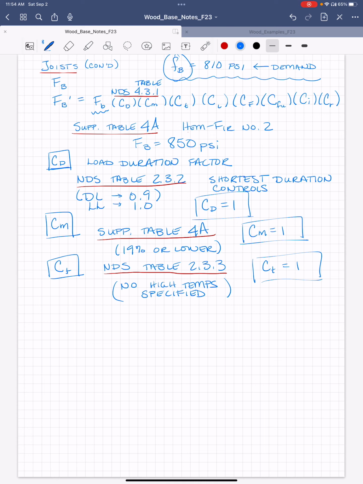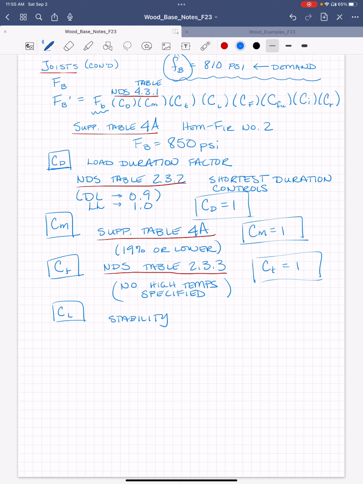All right, so beam stability is C sub L. This is the whole lateral bracing deal.